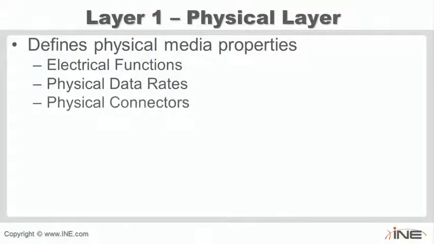Okay, this is where you would also define the physical connectors. So when I have the fiber cable plugged into the router, what is the actual connector that I physically plug in? And there's different types of standards that are going to define this. This would also be how far can you send the traffic over the cable?